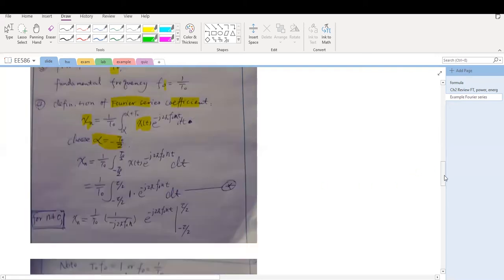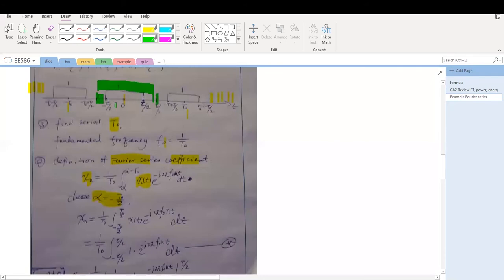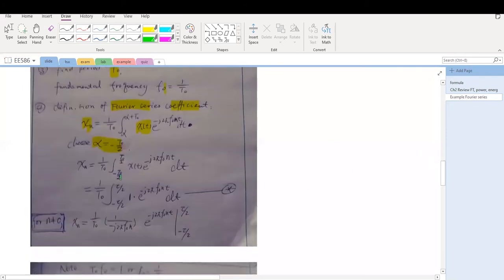Now, because there's 0 here and 0 here, this integral from minus half t naught to half t naught actually becomes from minus half tau to half tau, where the function value is 1. This can be integrated using this formula, the integral of e to the power ax dx equals 1 over a times e to the power ax. This formula is in our formula sheet.